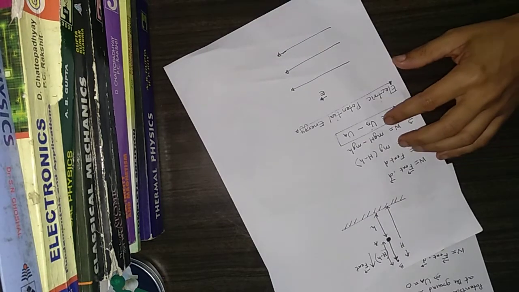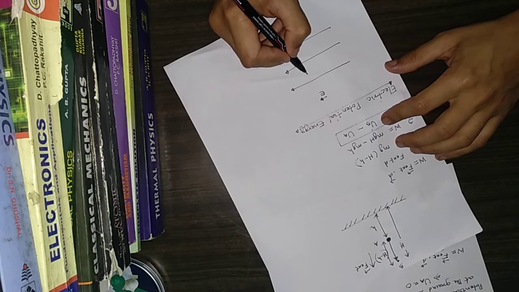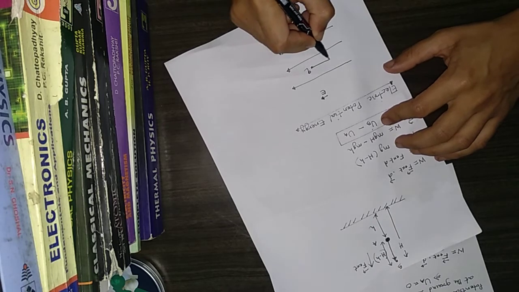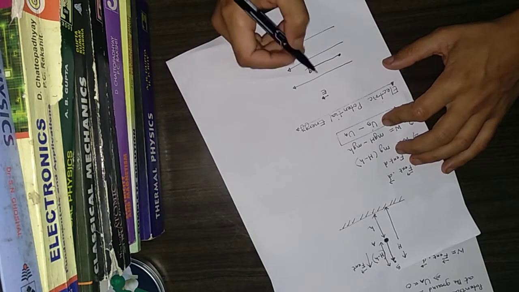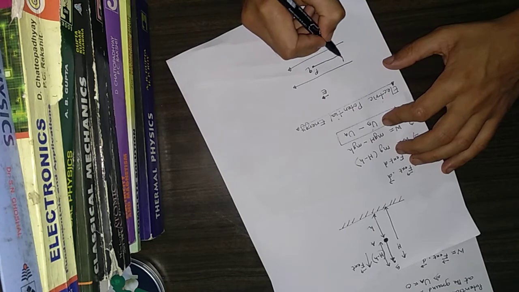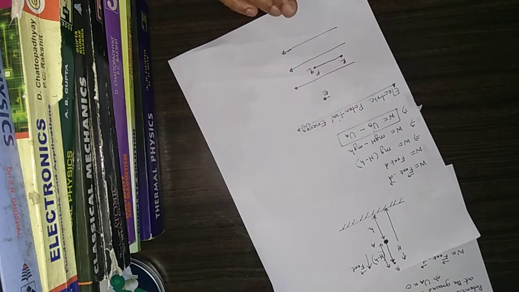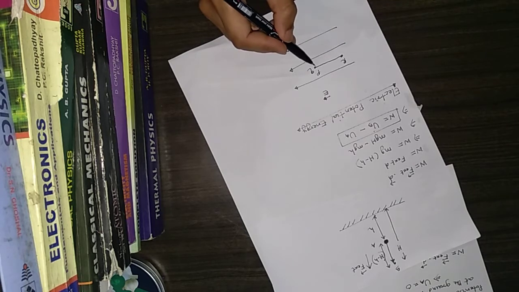Now suppose you are taking a unit positive charge or Q charge from this point to this point. You are taking a Q charge from point P to point R in an electric field.